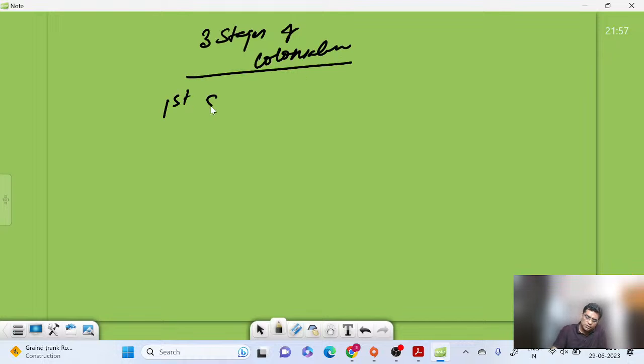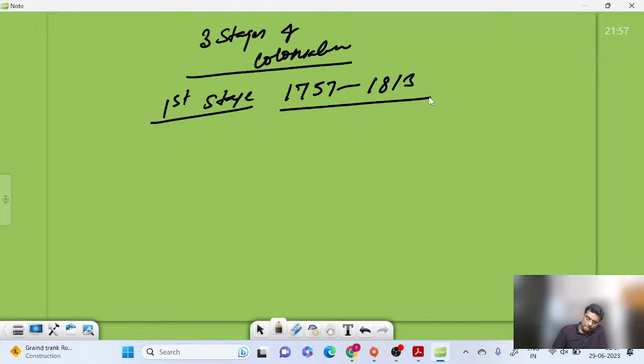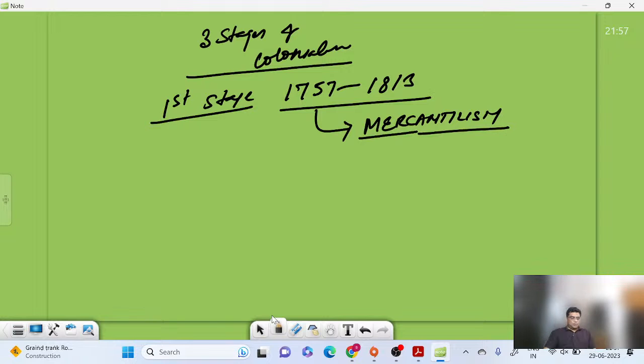First stage, 1757 to 1813, is called the phase of mercantilism.